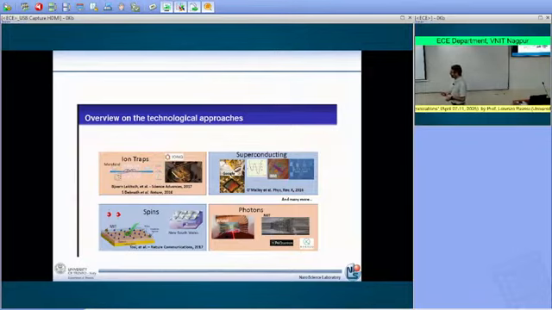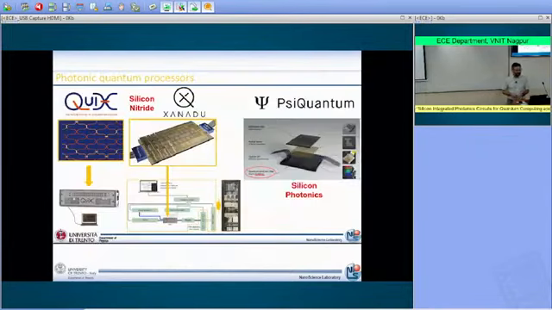Then there are companies in Canada, and another one in New South Wales, in Australia, that are using spins. And then there are companies making quantum computers using photons. One is PsiQuantum, a Californian company founded by two British researchers, with a value of more than 1 billion euro.